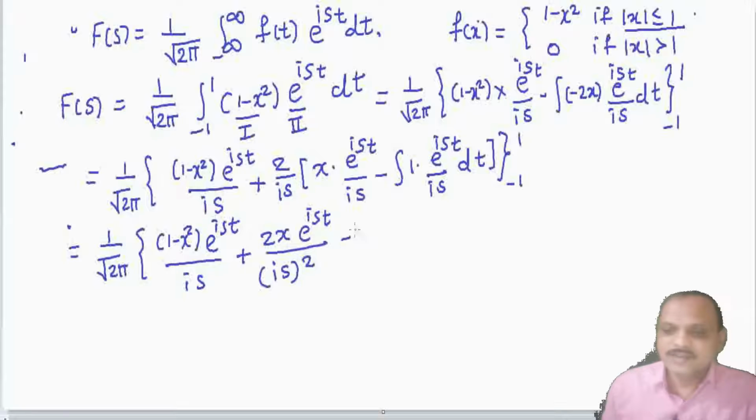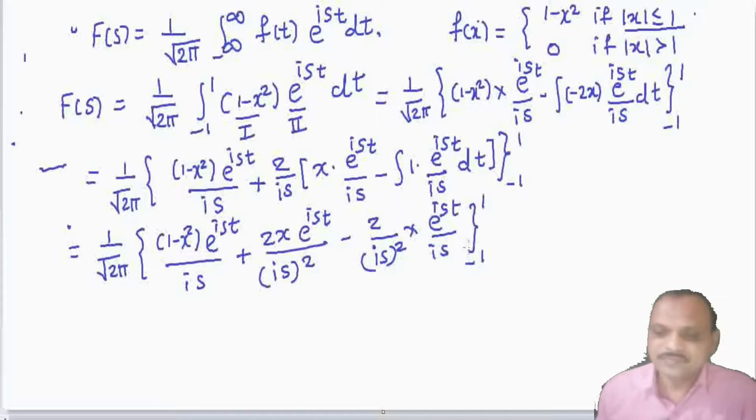Now minus 2 divided by is whole square into integration of e raised to ist, which is again e raised to ist divided by is, between the limits minus 1 to plus 1.